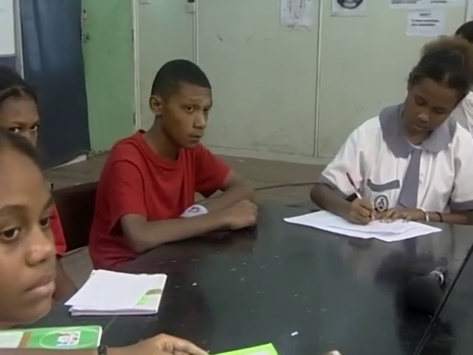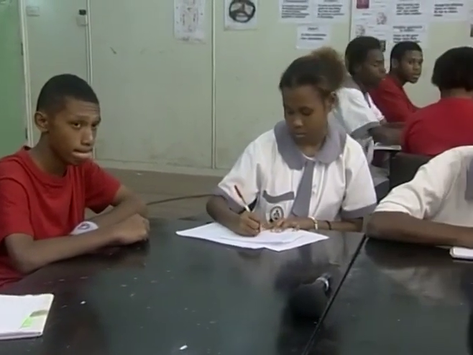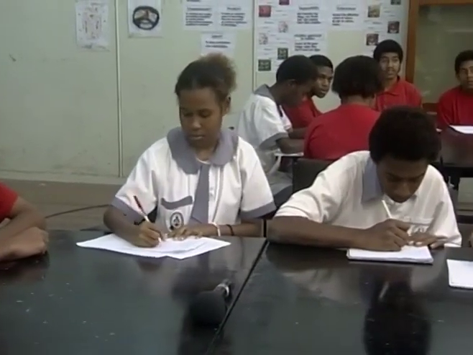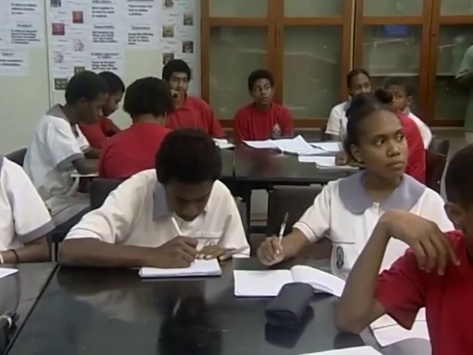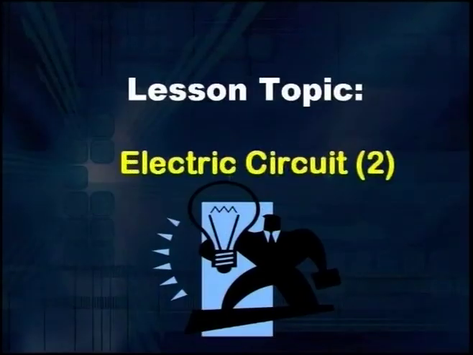A simple circuit is made up of a dry cell, connecting wires, the lamps or the bulbs, and a switch. We will still look at electric circuit, lesson number 2. So our lesson topic is electric circuit 2.